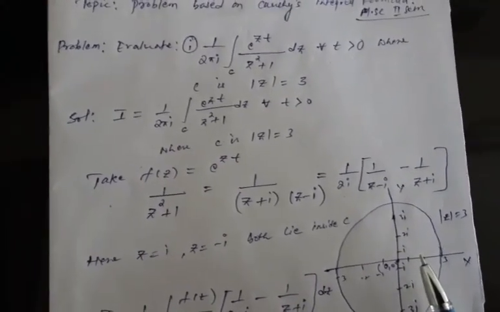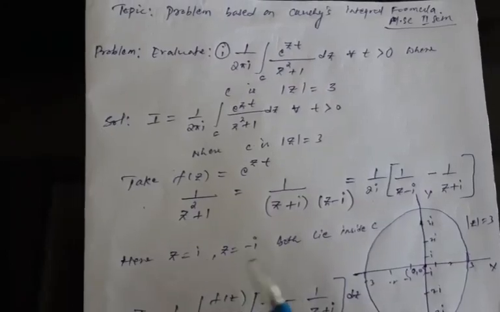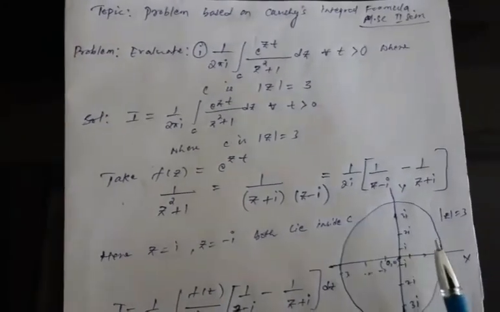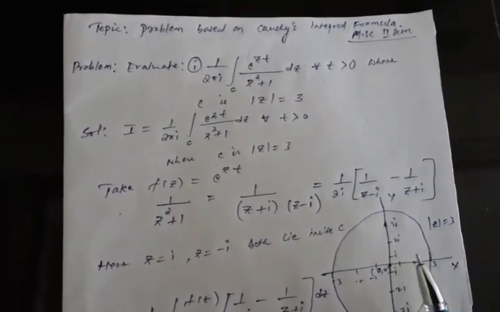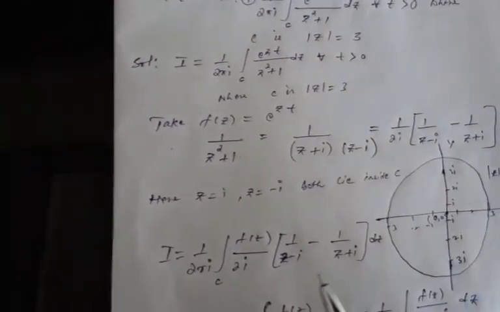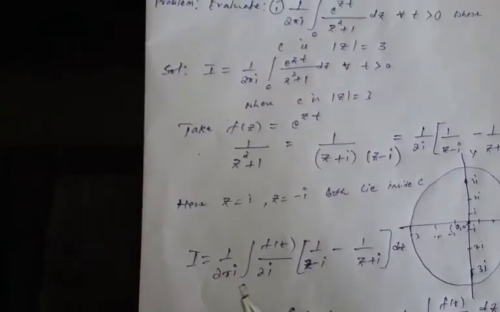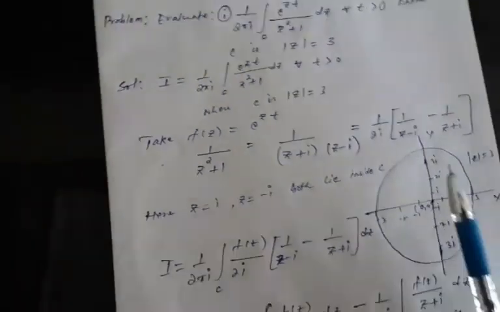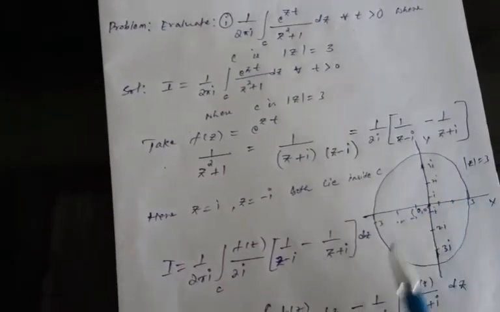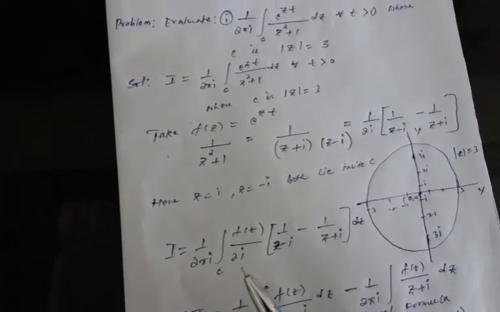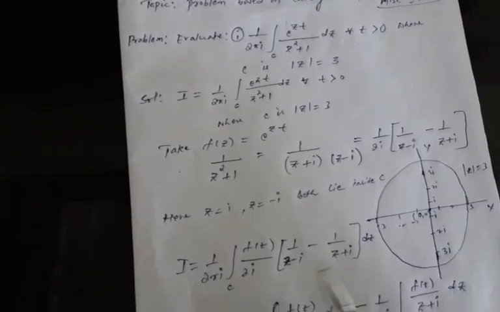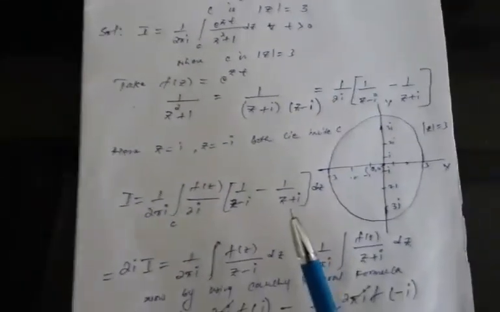Here z equal to i and z equal to minus i both lie inside this circle of radius 3 with center at origin. Okay, so here I is equal to 1 by 2 pi i. So using these partial fractions in this equation, what we get? 1 by 2 f(z) divided by 2i, 1 by z minus i minus 1 by z plus i.